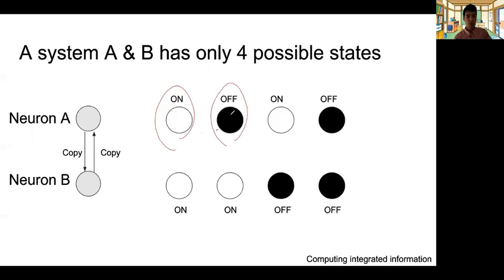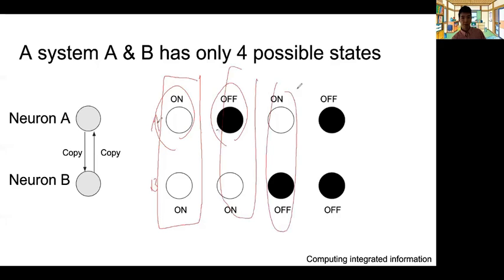A could be on or off, and B could also be on or off. And then AB itself could be on-on, on-off, off-on, or off-off. There are only 4 possible states in this system.